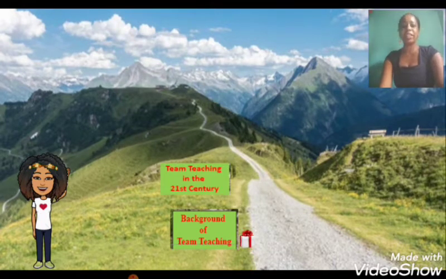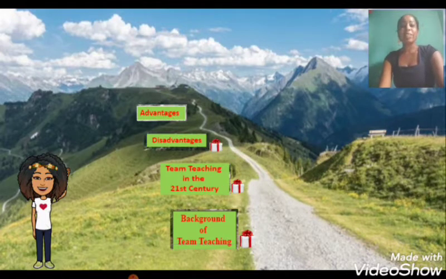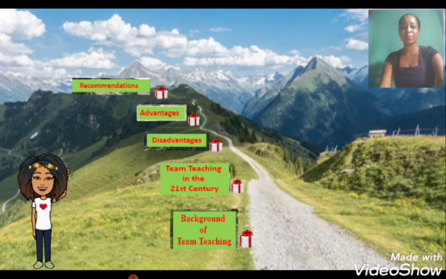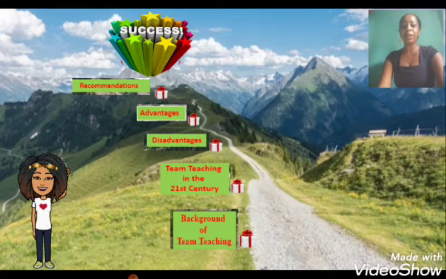Team teaching in the 21st century. The disadvantages of team teaching. Some advantages and recommendations. After completing all 5 junctions, our journey will be complete. Now we celebrate a wonderful school term with the success of our students and co-workers. Good luck!